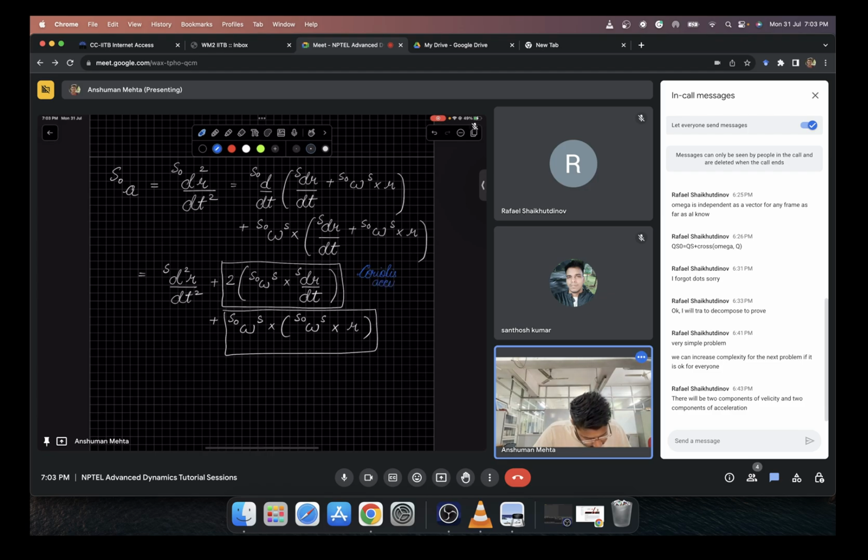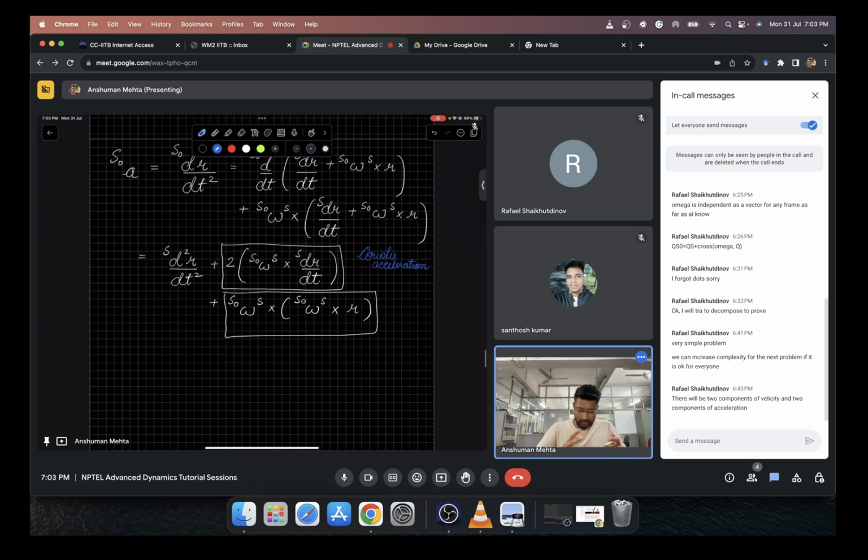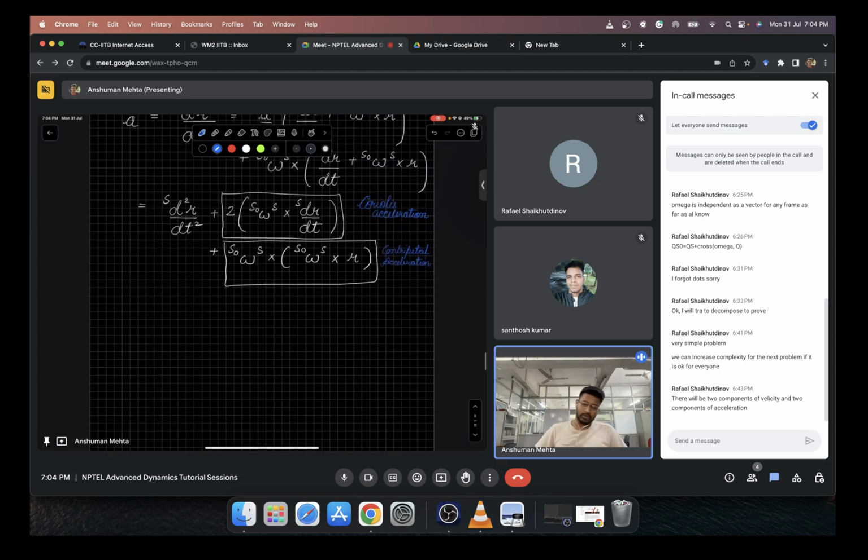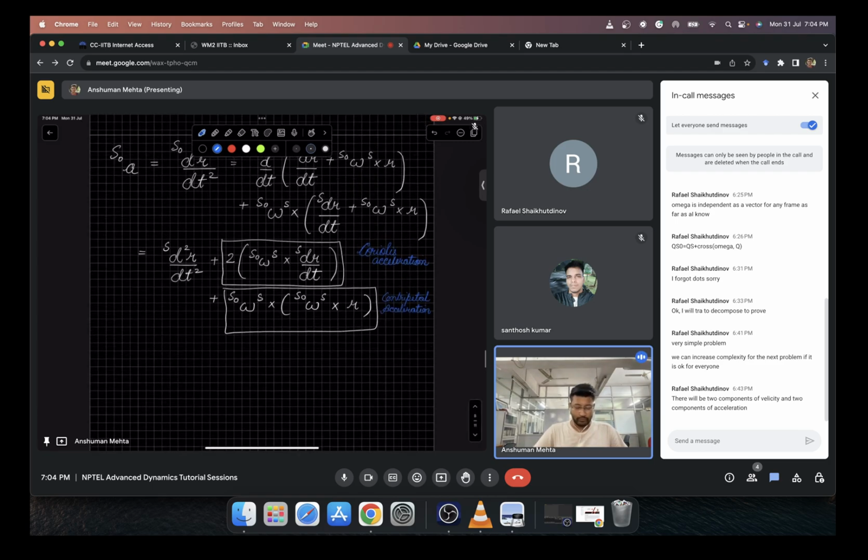So this is called acceleration. This question was just to give the feel of what the subject is all about right now, the first part of this subject. First is called acceleration, and second is centripetal. There will be one more term where omega dot terms will be there, and then it will become more complex.